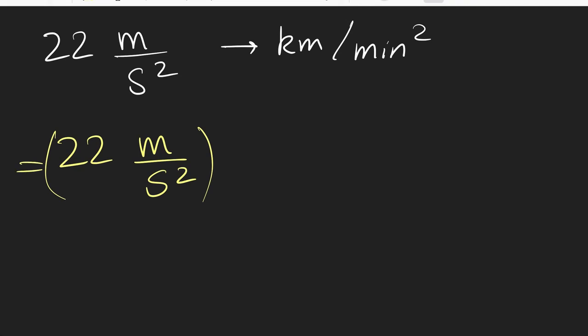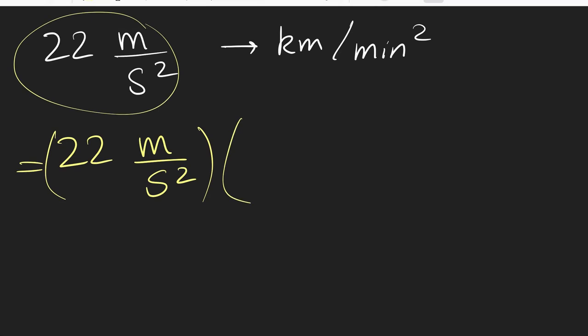So the left side of the equation is this 22 meter per second squared. The right side is this one, the original number times the unit.